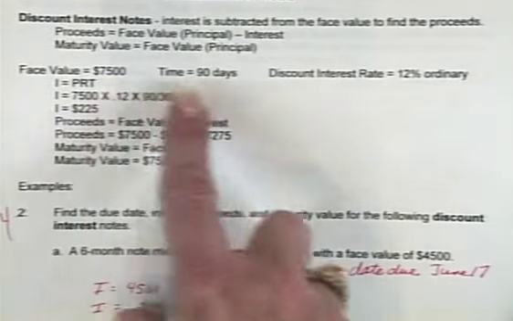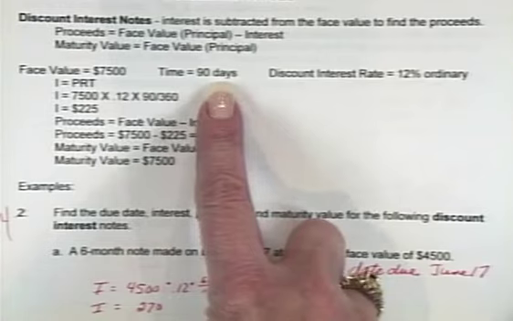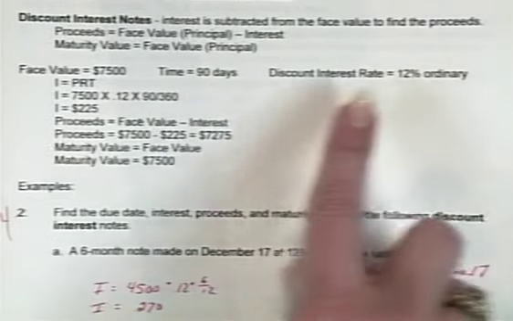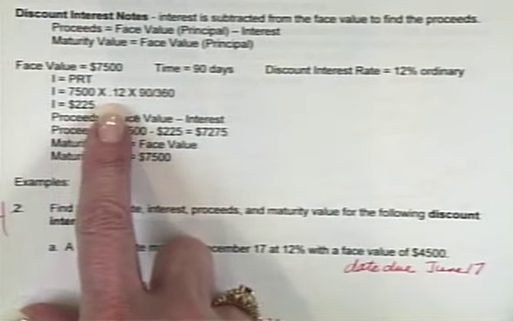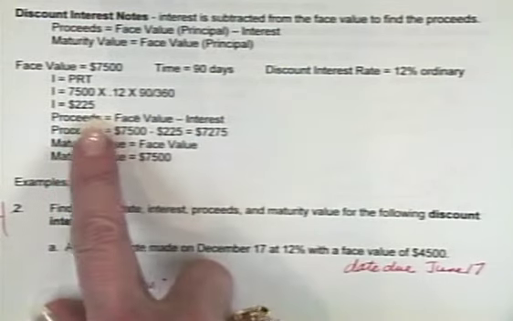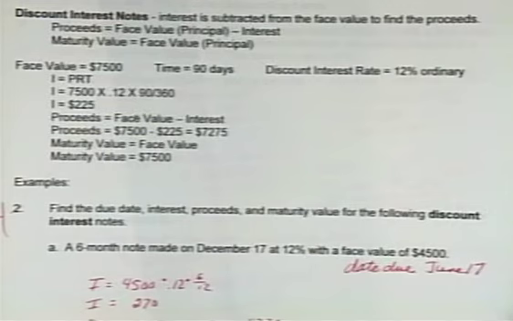I have $7,500, 90 days, 12% ordinary, so I calculate the interest. It's $7,500 times 0.12 times 90 divided by 360. Interest is $225. Since this is a discount note, we subtract the interest. Proceeds for this note are $7,275, and the maturity value is the $7,500.